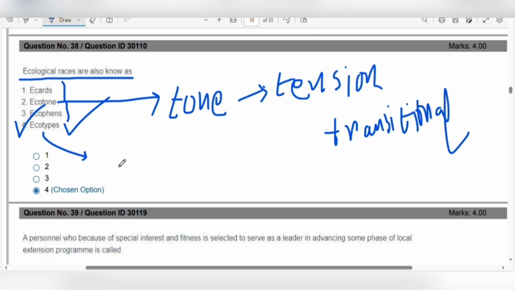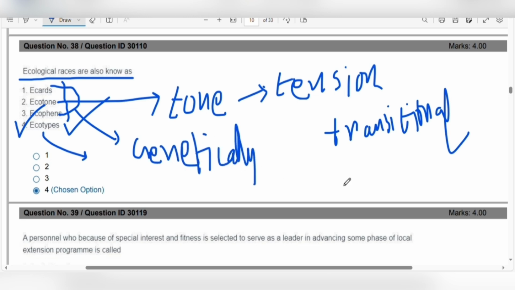Ecotype is a genetically, phenotypically different individual, but not so pronounced that it can be designated as a different species. Whereas ecophene or ecad are genetically similar, but phenotypically different. What do you mean by that? Say again, two individuals of the same species are staying in a place, and you pick up one individual and send it to some other place with extremely different environmental conditions. That species will develop some adaptation.